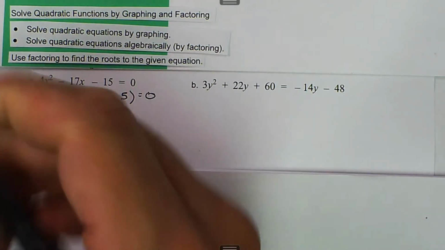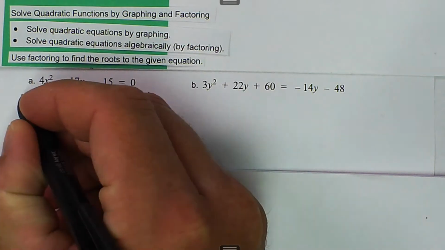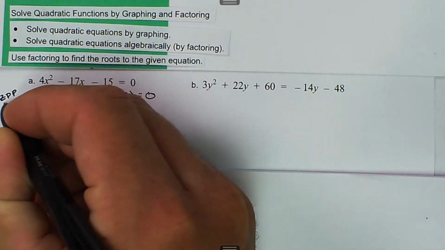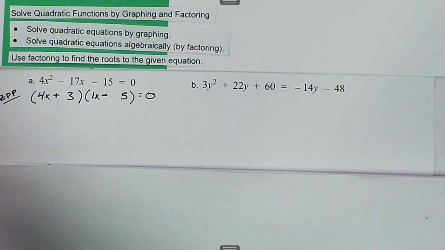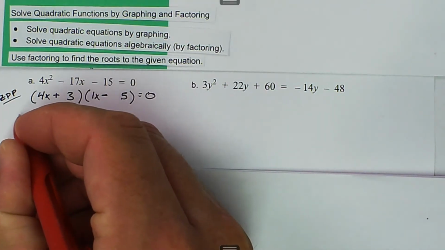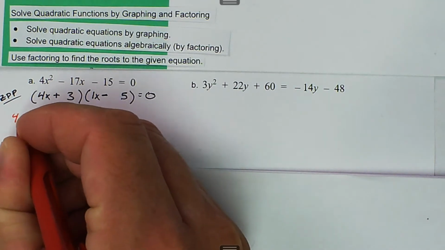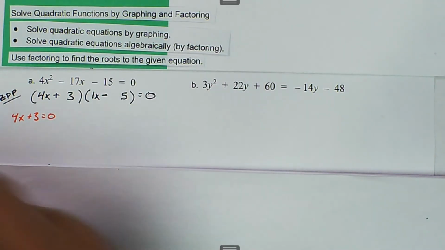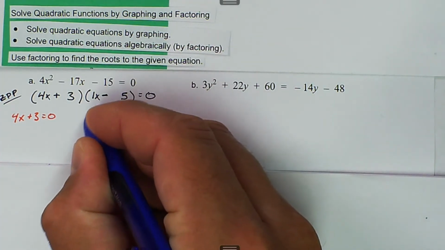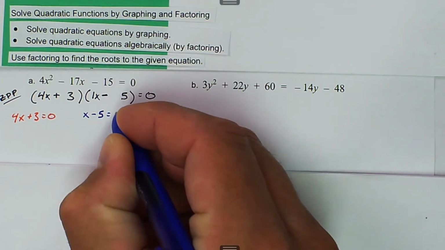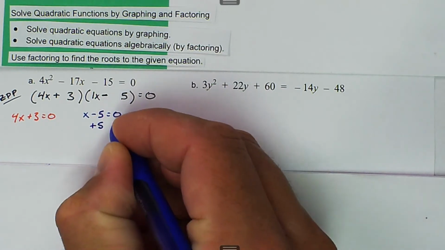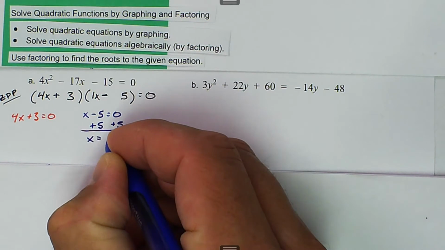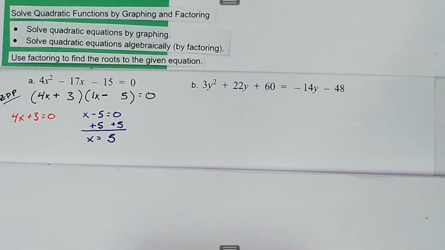So at this point, we can use the zero product property, and we can set each equal to 0. So then we get 4x plus 3 equals 0, and then x minus 5 is equal to 0. Here we add 5 to both sides, and we get x is equal to 5.